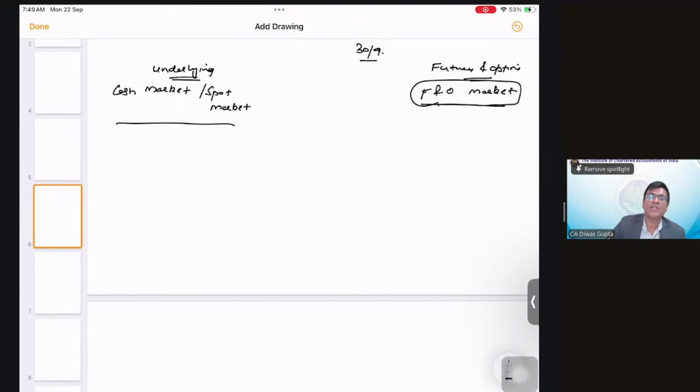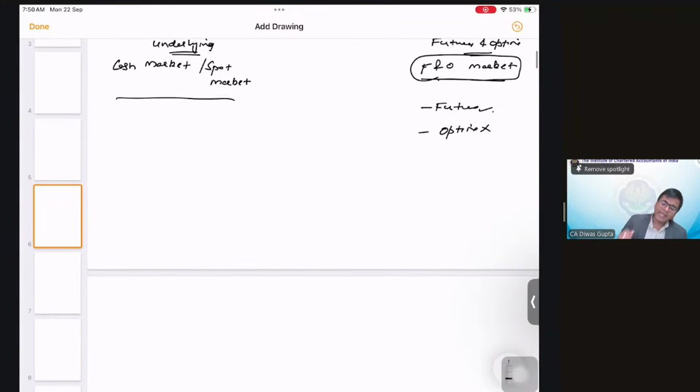That is called the futures and options segment. In this futures and options segment, futures and options are traded. Options we have not discussed till now, futures we have discussed. Now in the cash or spot market, can you take a long position? The answer is yes.